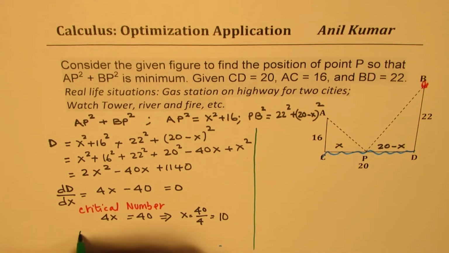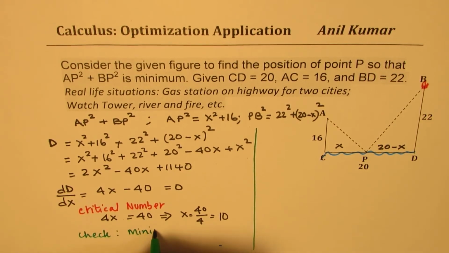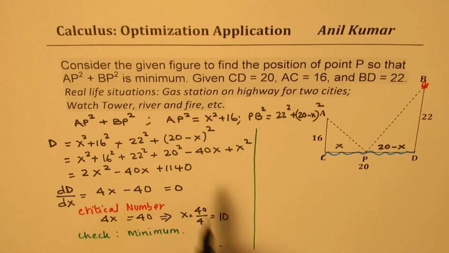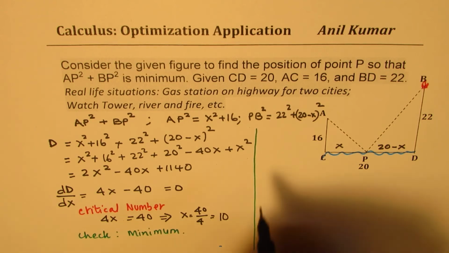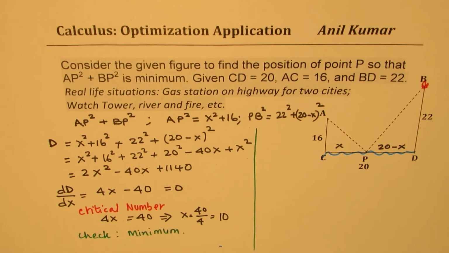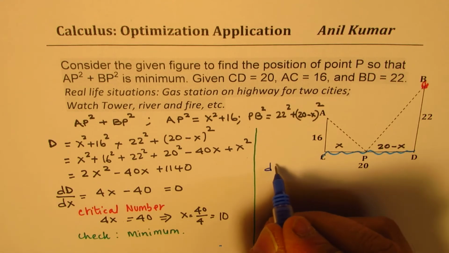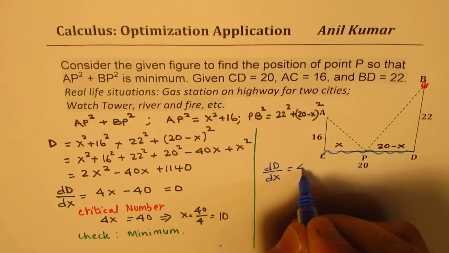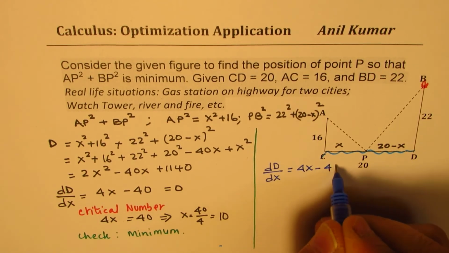Now you need to check for minimum, right? So if you leave the question here, you have not justified that this critical number really represents the minimum distance square sum, you could say. So we'll find the second derivative for ensuring this, right? So what we know here is that this distance derivative was 4x minus 40.